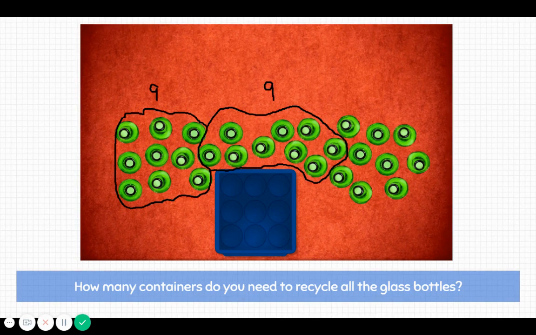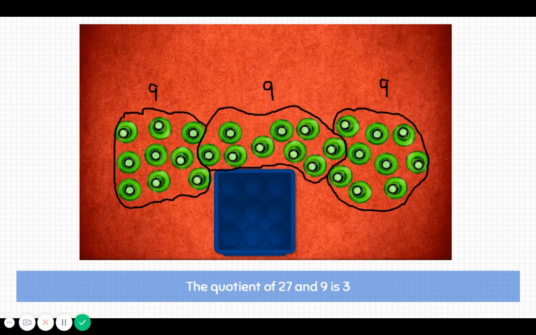And then 9 more, that's one more group. So the quotient, I can see that I have 1, 2, 3. So once I divided those 27 bottles into groups of 9, I get 3 groups. So I can say that the quotient of 27 and 9 is 3, or 27 divided by 9 is 3.